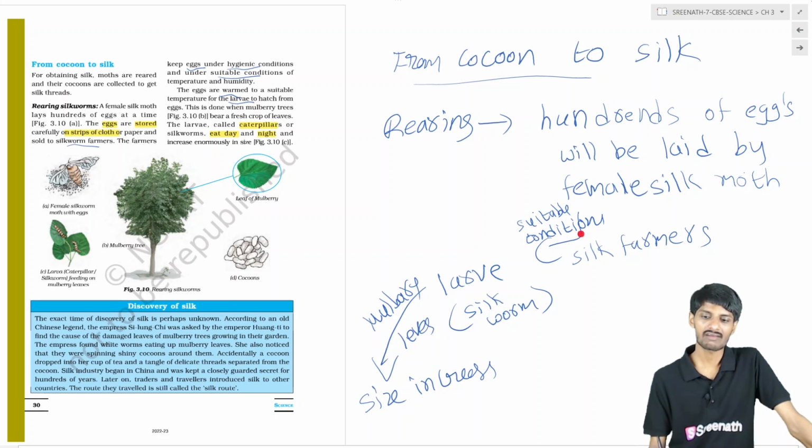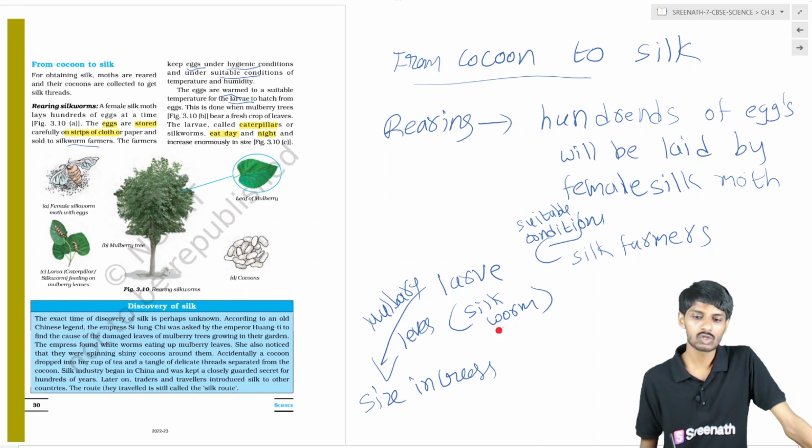These will lay eggs, and these eggs are given to silk farmers, and they are carefully stored in strips of cloth or paper, and set under suitable conditions, which means controlled temperature, humidity and hygiene. Sometimes they will raise the temperature also.